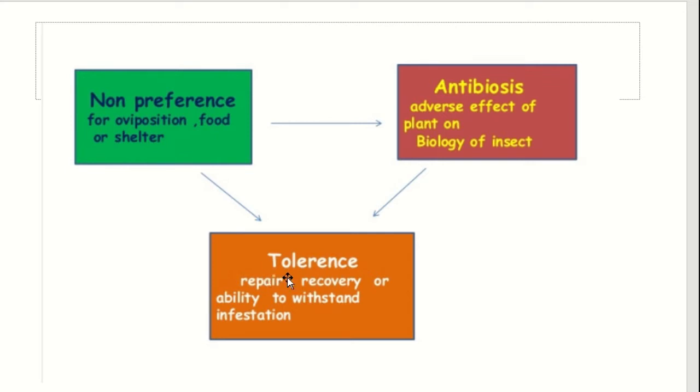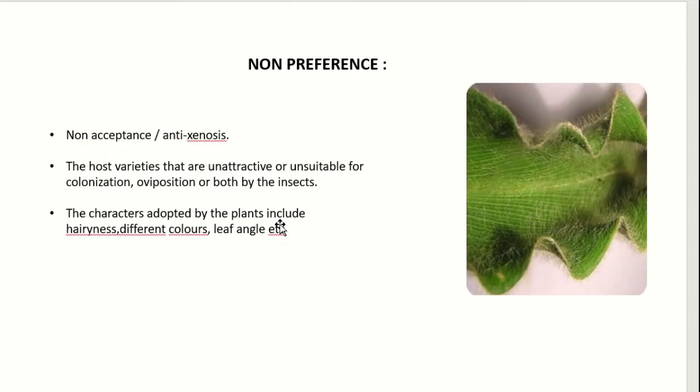So next is tolerance. Tolerance is the mechanism of the plant body which can sustain the infestation of insects, which means it can have a normal yield, as in resistant or uninfected plants.